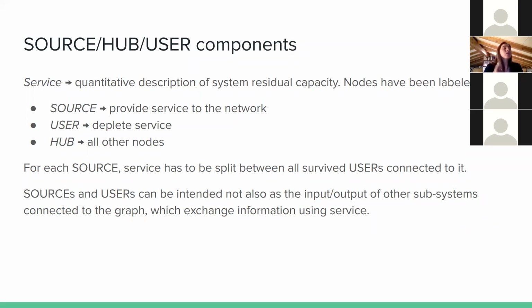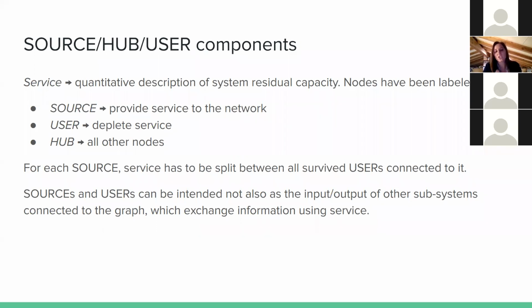Before, in the toy graph, we had just one user because it's really a toy graph, but for each source, its service has to be split between all the surviving users which are connected to it. Now, sources and users may seem just a label, but if you think you want to connect, for example, plants, you may think that the sources and the users are somehow the inputs and the outputs, in terms of commodities, of your graph.